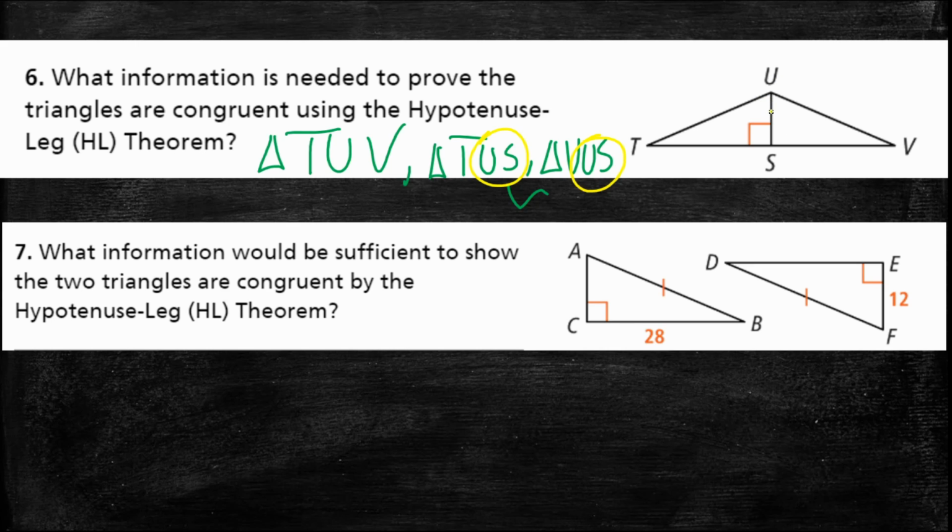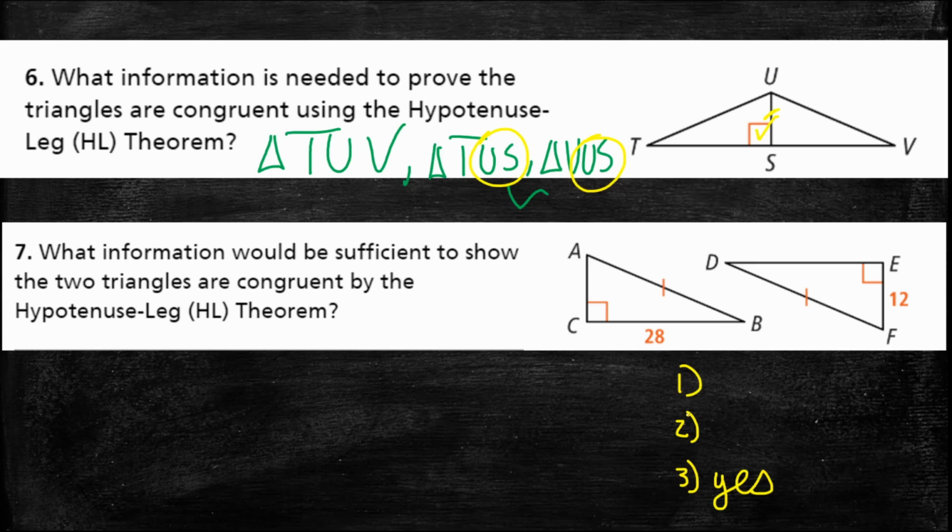Basically, when I separate these, US will always be equal to itself without a doubt, right? So that would be my pair of corresponding legs. That's going to answer question 3. We kind of skipped ahead here. But yes, I do have 2 pair of corresponding congruent legs.